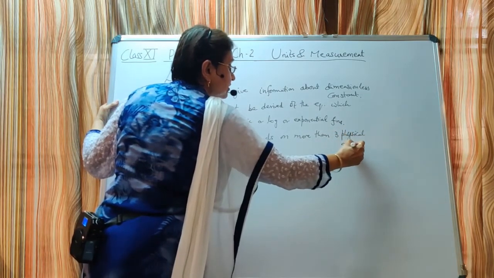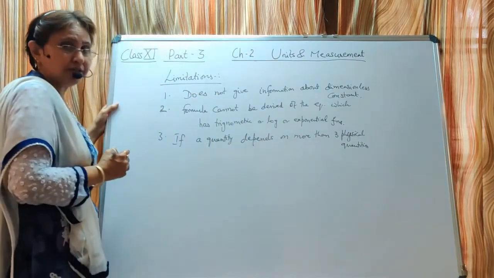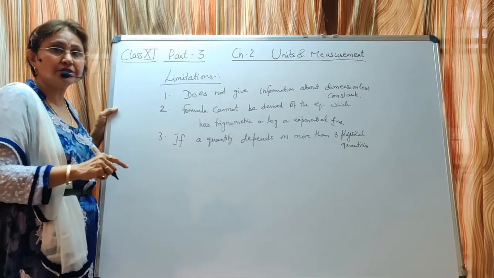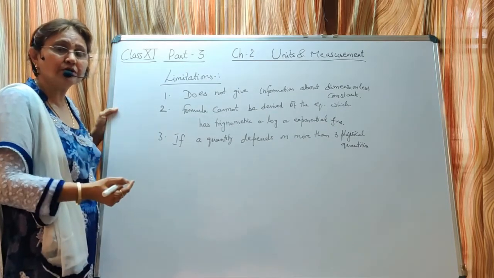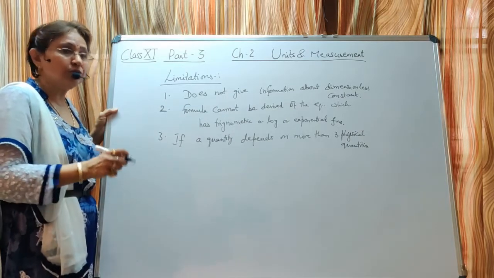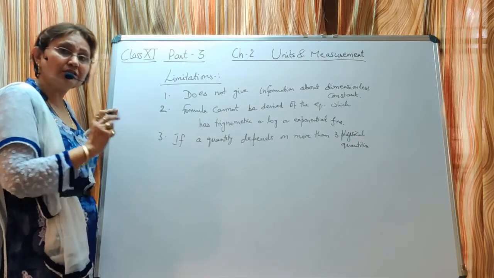Why? Because if it depends upon more than 3 physical quantities, how many equations will we get? 3 equations. And how many unknown terms will there be? 4 unknown terms. So 4 unknown terms cannot be determined by using 3 equations.